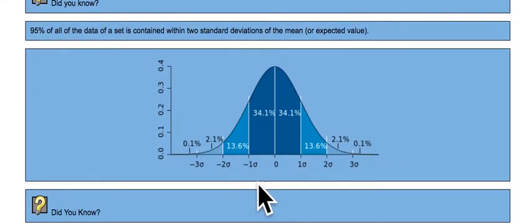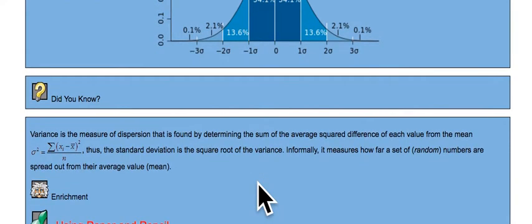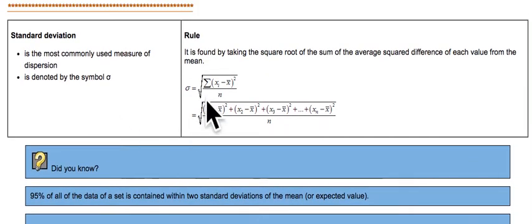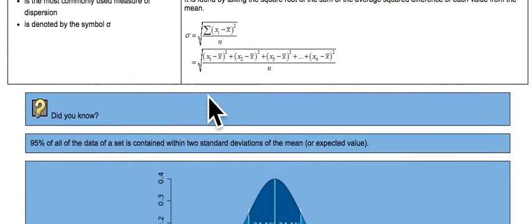So let's just discuss where standard deviation comes from. Variance is the measure of dispersion that is found by determining the sum of the average squared difference of each value from the mean. Well, that sounds familiar, ironically enough, because it is. All this term here, in comparison to what we had up here, just isn't square rooted.